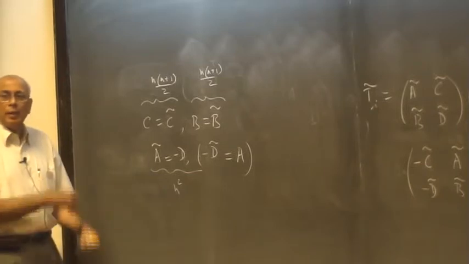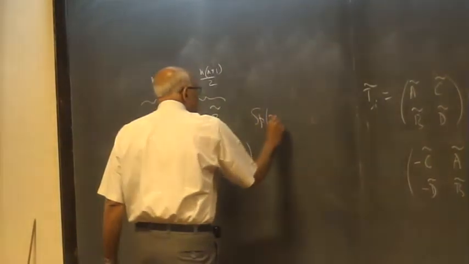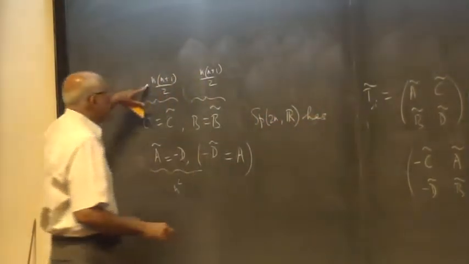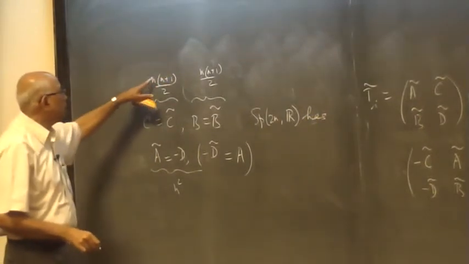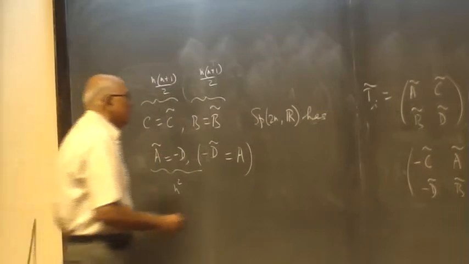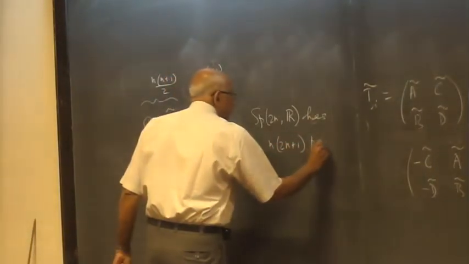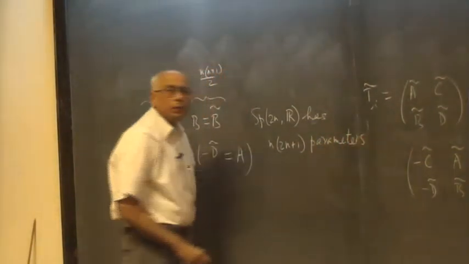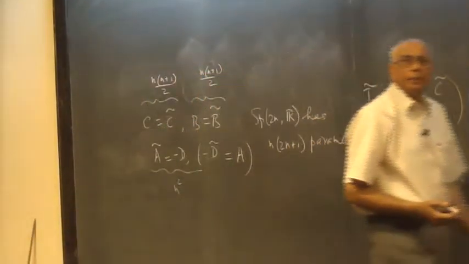So the total number of independent parameters for the symplectic group, SP2nR, has this plus this plus this parameters, which is n squared plus n squared, which is n times 2n plus 1 parameters. So, yeah.